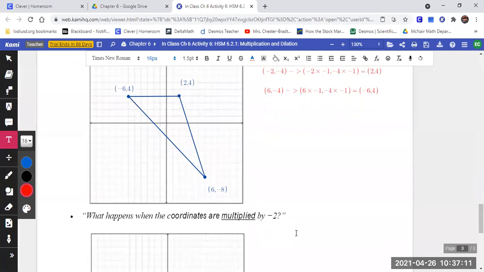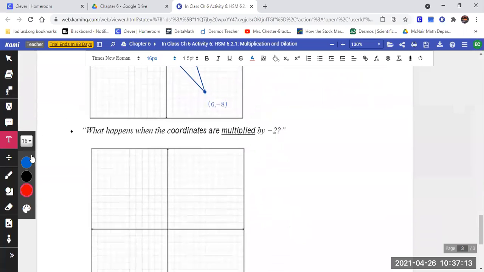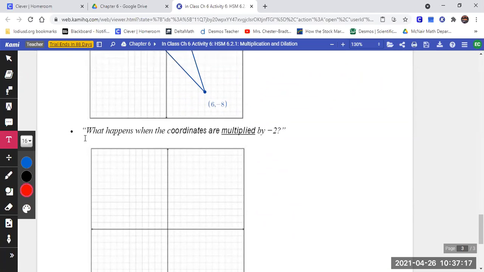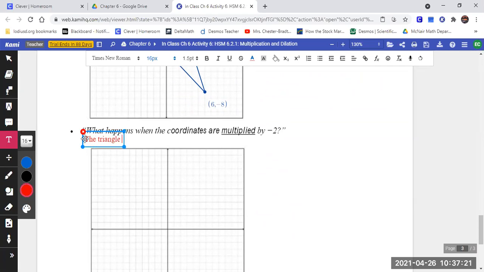The 2 part is going to make it do what? So we know that the negative is going to make us rotate 180 degrees clockwise, right? It doesn't matter if we say clockwise or counter.